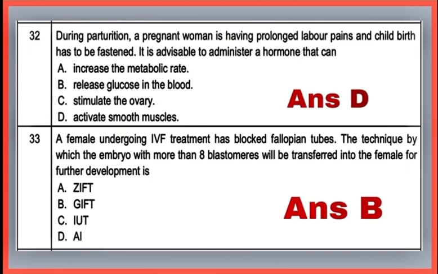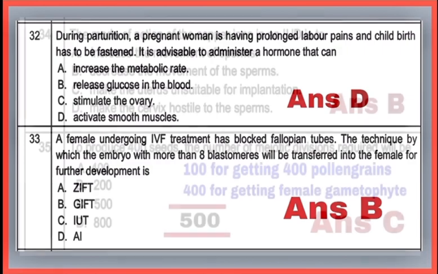A female undergoing IVF treatment has blocked fallopian tubes. The technique by which the embryo with more than 8 blastomeres will be transferred into the female for further development is option B, GIFT. Gamete intrafallopian transfer is the technique used in this case.